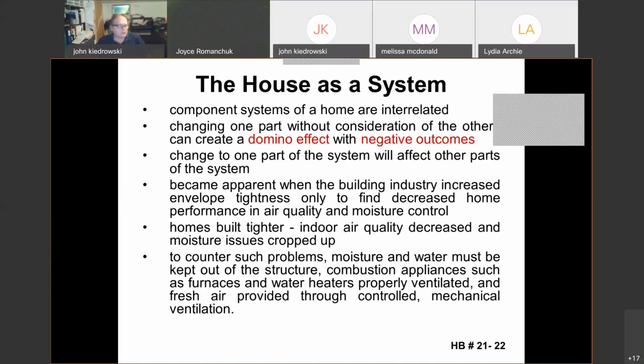Now, if this was the old farmhouse that I initially lived in when my wife and I first got married that we rented, there was so much air leakage we had to fight to try and keep heat. And certainly it was well ventilated because of the poor construction at the time. So again, we look at the house as a system.